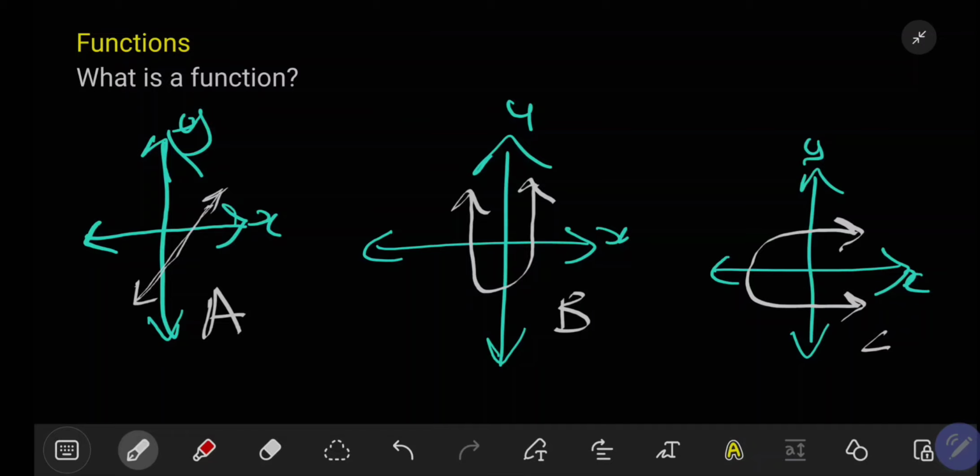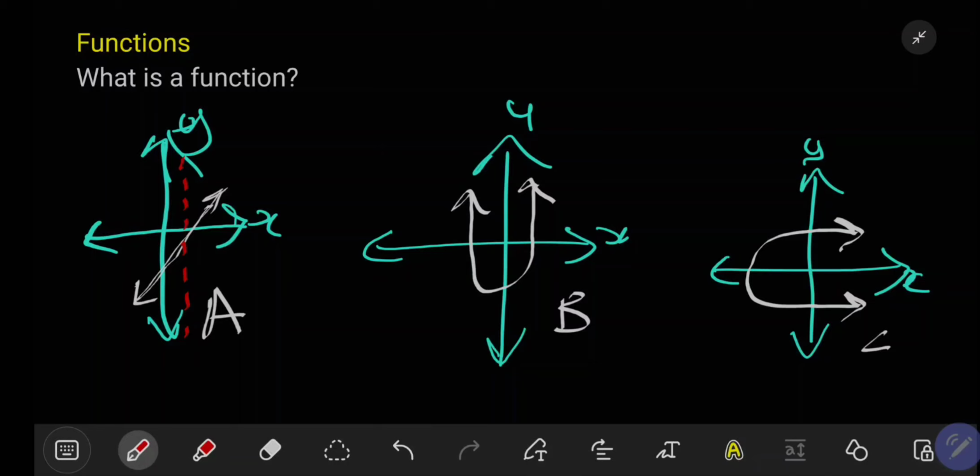But if that line cuts the graph more than once, then that graph is not a function. So now we draw our vertical line, which is parallel to the y-axis, and see how many times it cuts the graph.